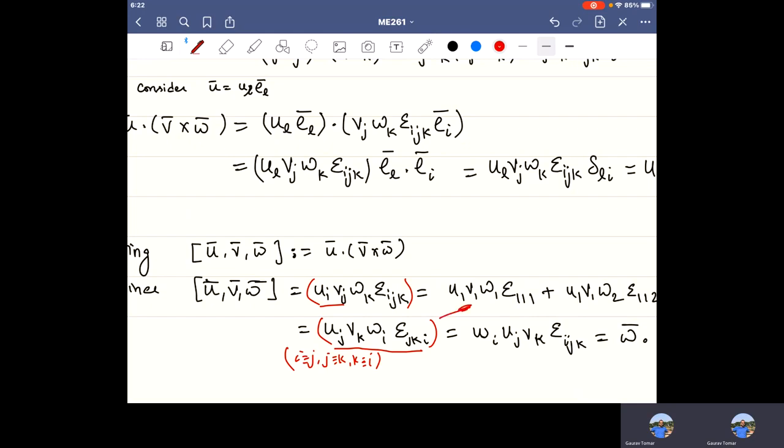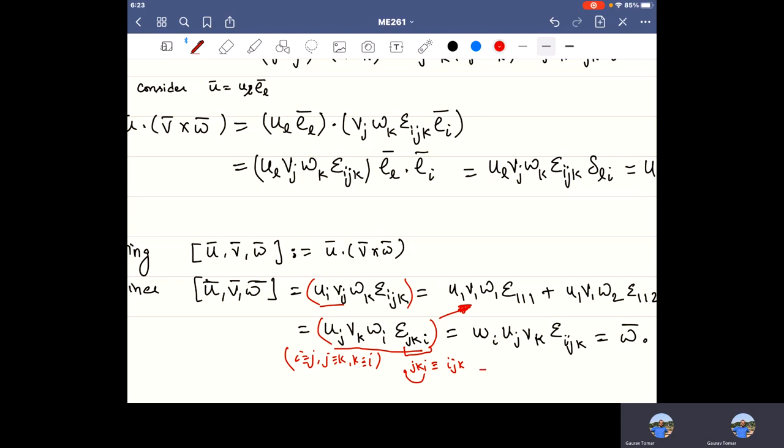Now we have jki, and if we move in a circular fashion and replace it with ijk, then the value is not going to change. We just write this as epsilon_ijk.